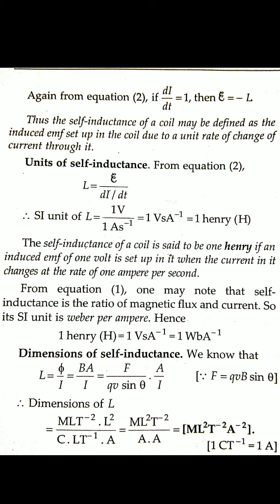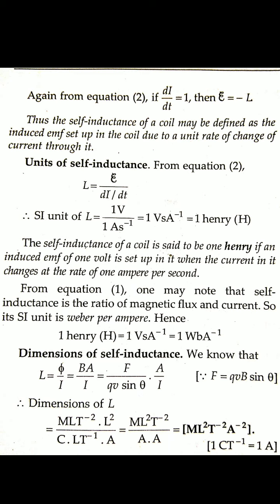Another SI unit you can say is Weber per ampere. So 1 Henry equals 1 volt second per ampere, or 1 Weber per ampere.